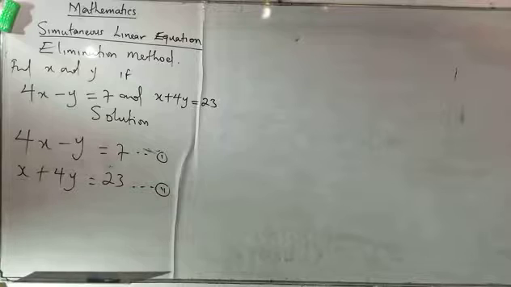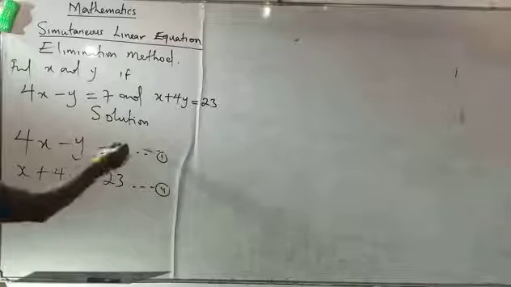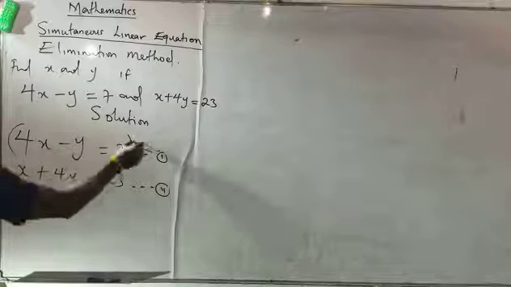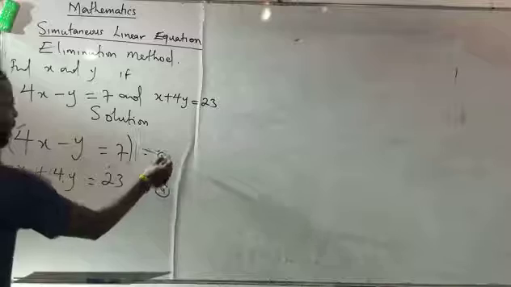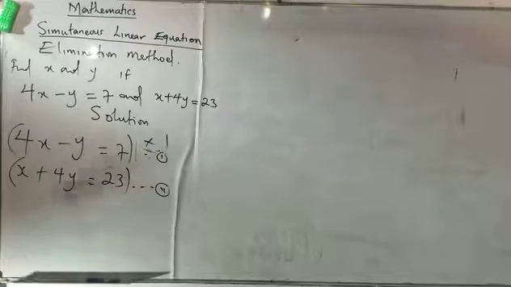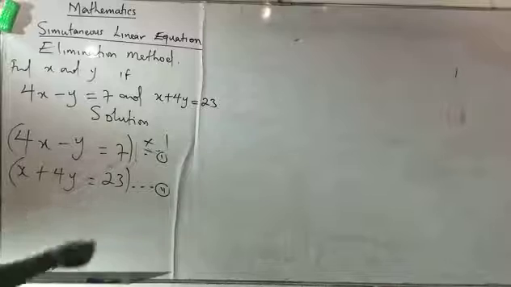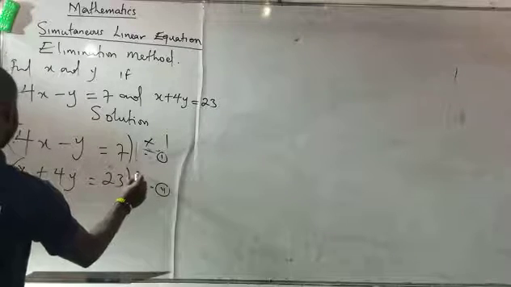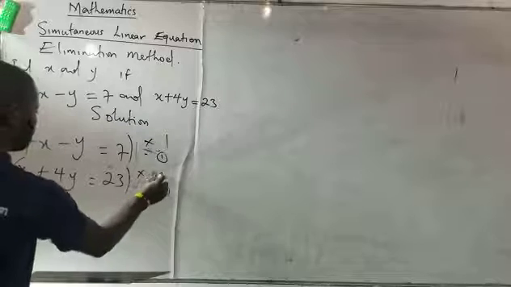Now, what should I do? I will say multiply equation 1. What should I multiply that will make it fine for me? I can say multiply equation 1 by 1. I will also move on by saying multiply equation 2 by 4.